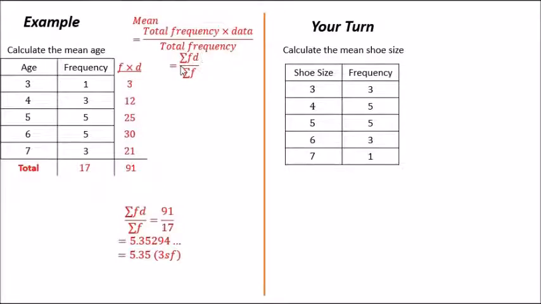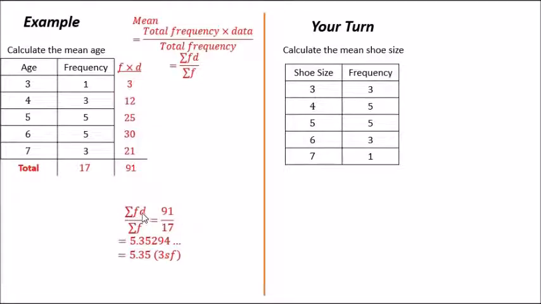So the sum of our frequency times our data divided by the sum of our frequencies will give us the mean. This formula is really important for calculating the mean from a frequency table. It's useful to understand what those symbols mean. Alright, and it's a quick way of writing it.